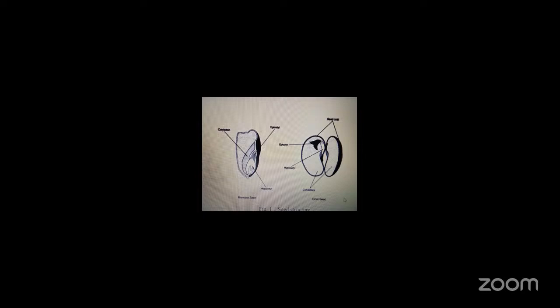The seed coat is thick, and two parts comprise the seed. This is the seed structure. Next, seed dormancy.